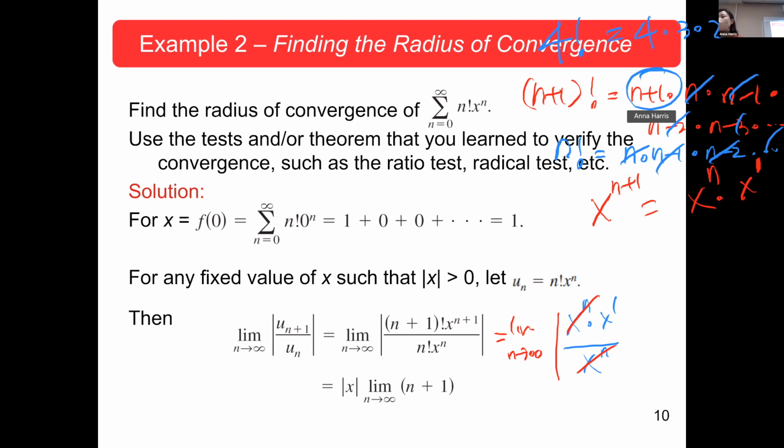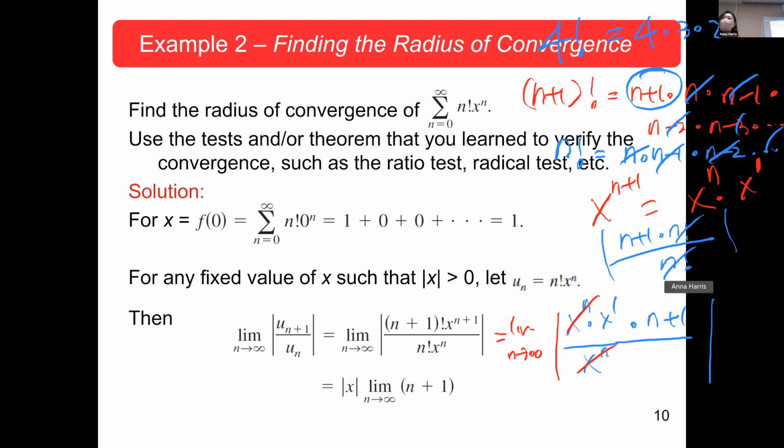N plus 1. So n plus 1 factorial divided by n factorial is left with n plus 1 only. Okay, this is a simple thing.